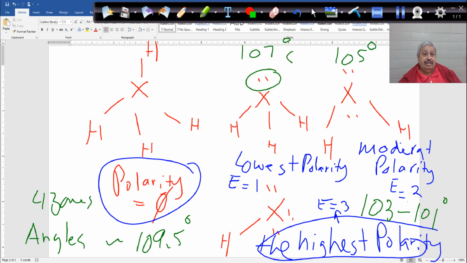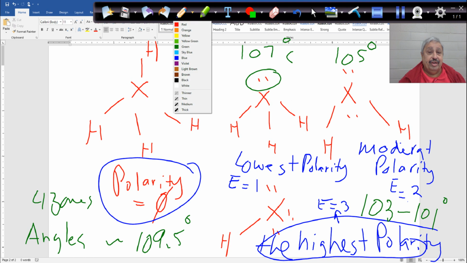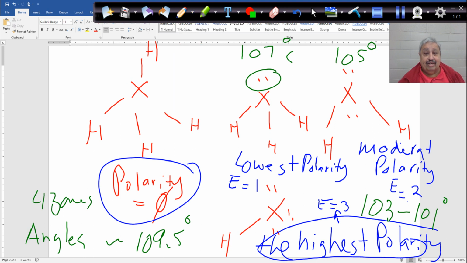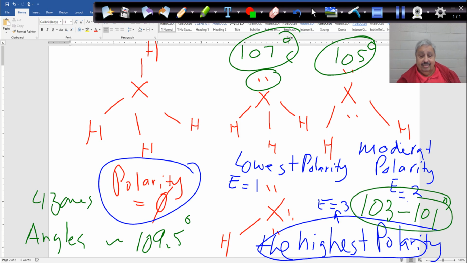You can see the angle is becoming less and less with the number. The polarity will go higher, but the angles will be less and less, correct? So you can see the higher the number of lone pairs, the higher the polarity, the lower the angle. That's what it says.